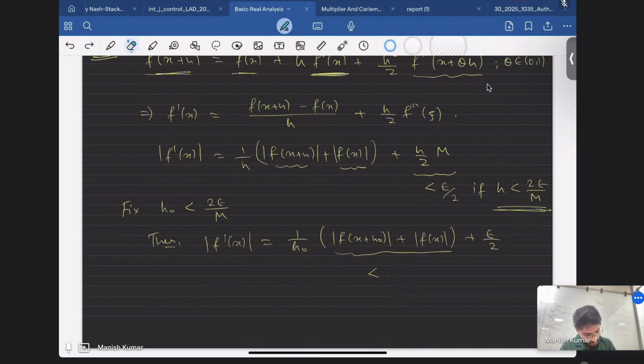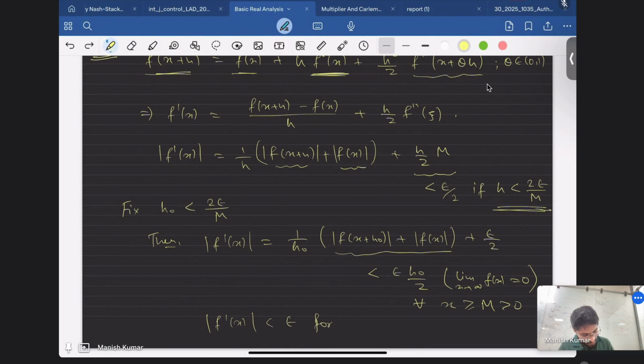Why? Because I know that the limit as x goes to infinity of f of x is equal to 0. So I can make this very small, whatever I want. So now this tells me that, this is true for all x greater than or equal to some M, that mod f prime of x is less than epsilon for x greater than or equal to some M tilde.